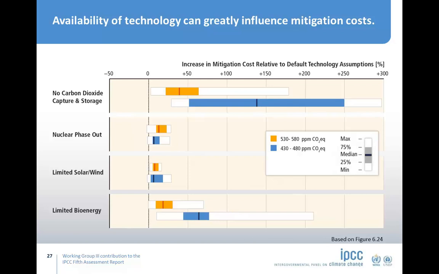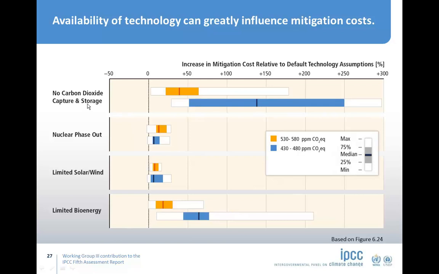And I think this is a very interesting slide. The availability of technology can greatly influence mitigation costs. So what we're looking at here is some different technologies. We've got no carbon dioxide and we've got capture and storage.